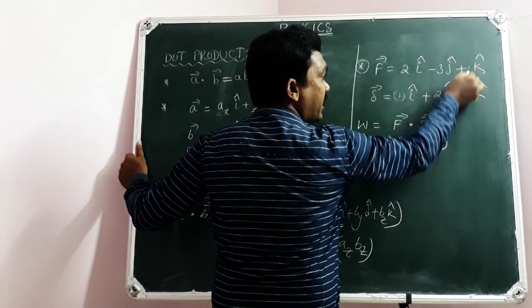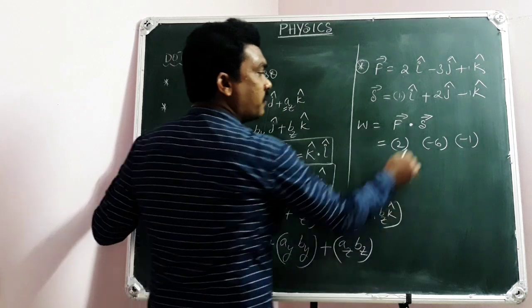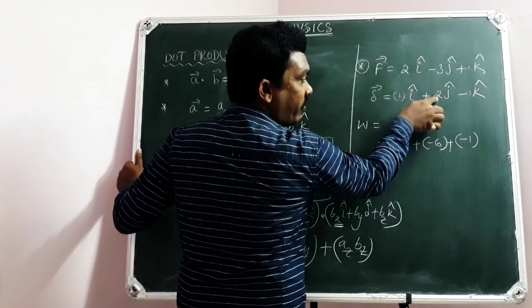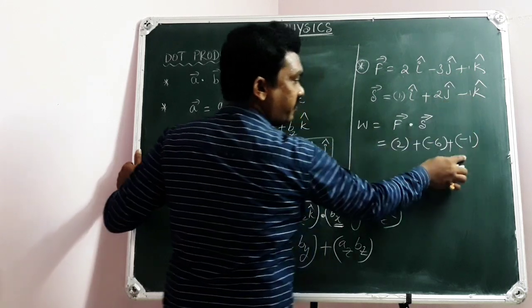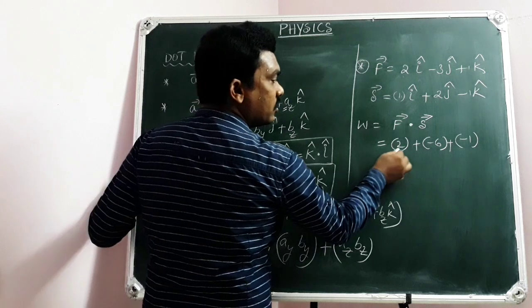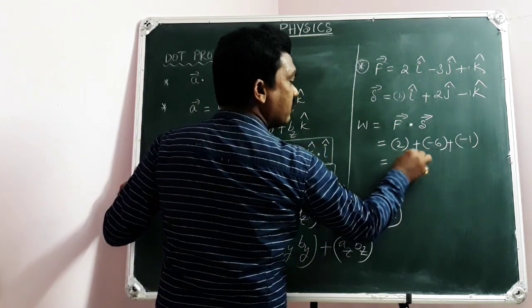Here it is plus 1 and here it is minus 1, 1 into minus 1, so plus ax bx, ay by, az bz, their dot product. This is equal to 2 minus 6 minus 1, that is 2 minus 7, which is minus 5.